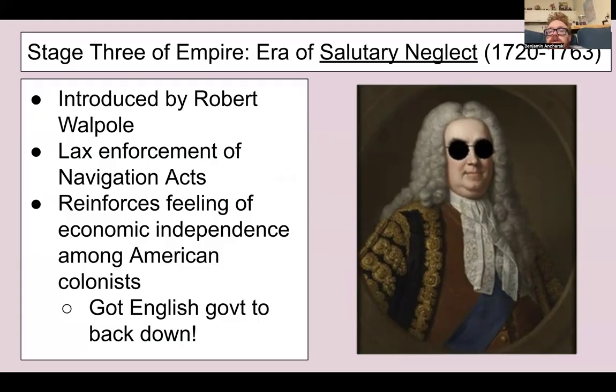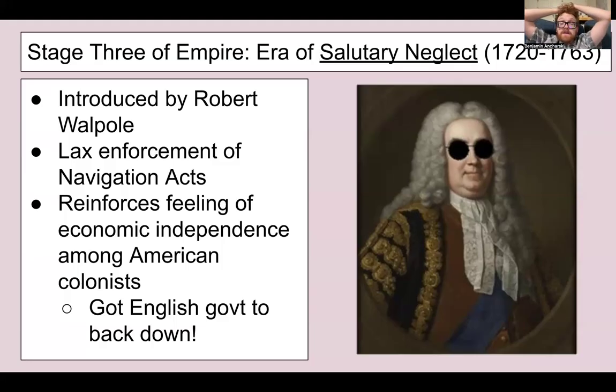Now, Robert Walpole, the guy in the glasses right there, was the Prime Minister of England, and he is actually going to introduce this program of salutary neglect. But what does salutary neglect mean? In recognizing that the cost is outweighing the benefits, and that there's a lot of dissatisfaction, both within the overtaxed English citizens and the colonists themselves, Robert Walpole is going to say, fine, it's too expensive.